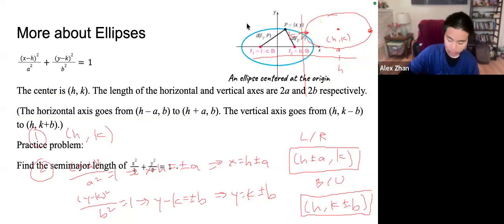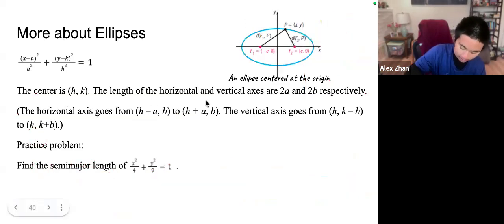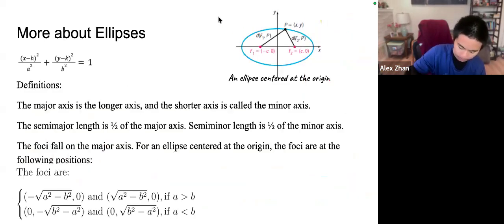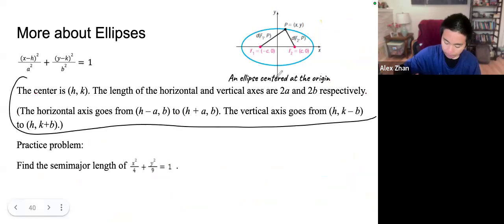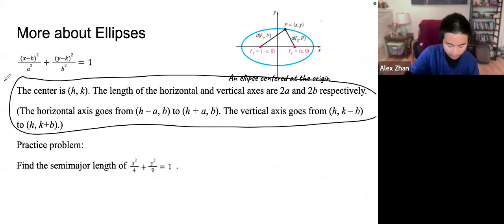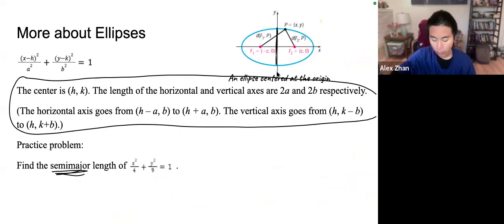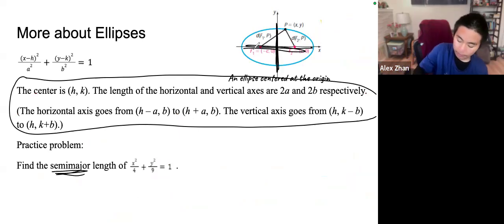Okay, the first part is just a quick recap of what Justin just said. Now let's quickly get into what exactly is semi-major and what is semi-minor. As we just showed, the ellipse has two axes.